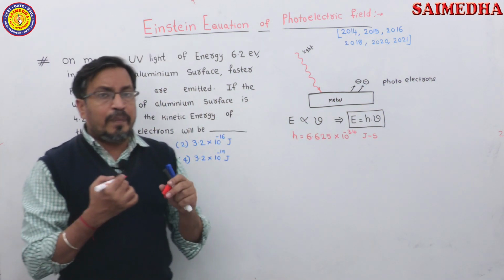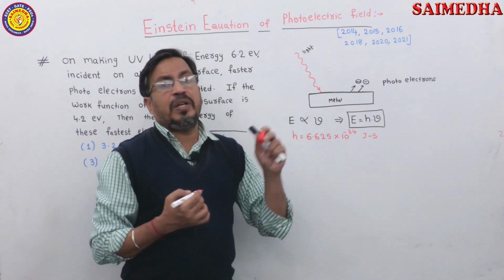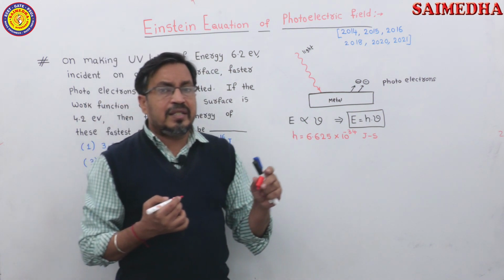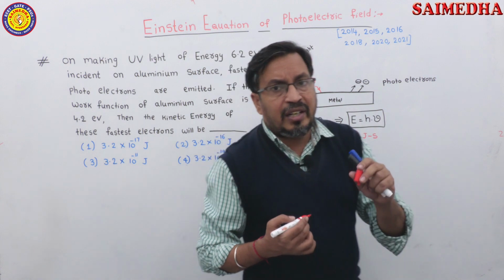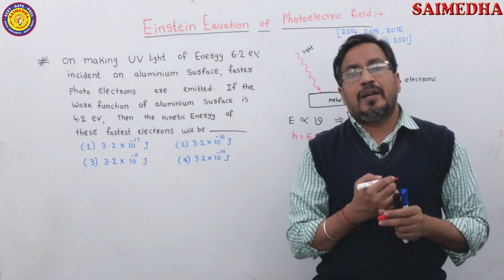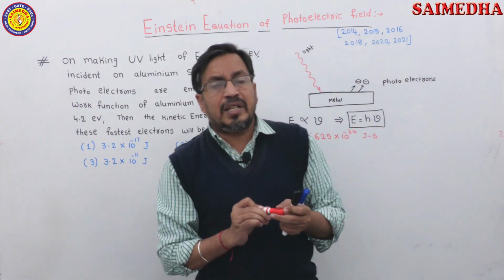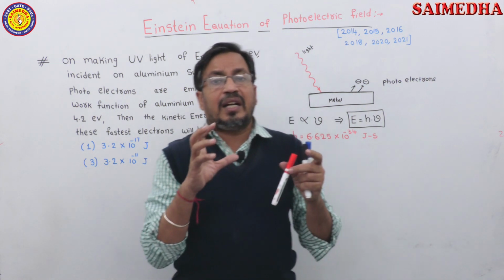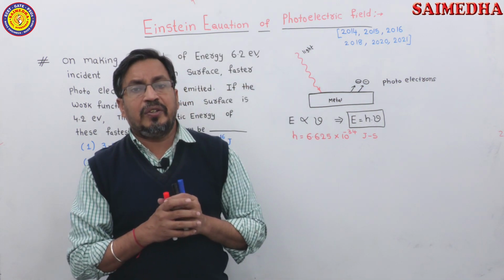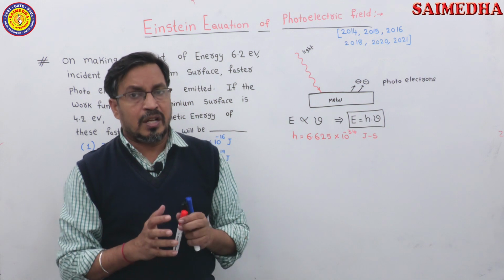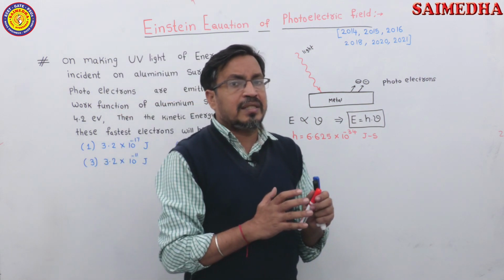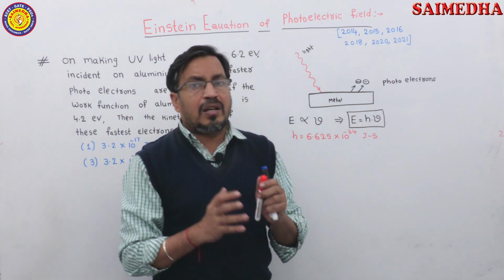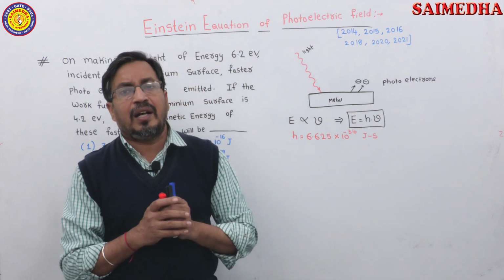And one more important point, energy units. Generally in physics we use joules, but here we also use the energy unit electron volts. So you remember 2 points: the energy units are joules and electron volts.